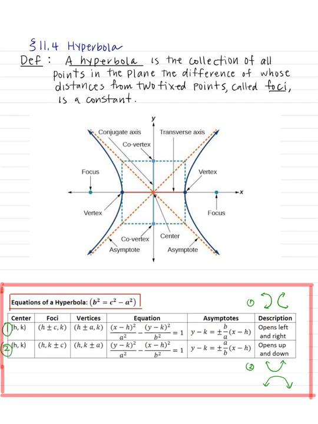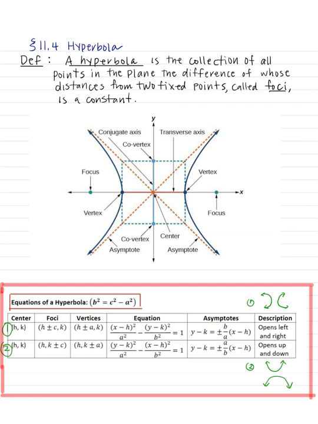So we have this thing called the conjugate axis and a transverse axis. Now the important part is that all the key points, which are focus and vertex, must lie on the transverse axis. So in this picture, our transverse axis is the x-axis and the conjugate axis is the y-axis.